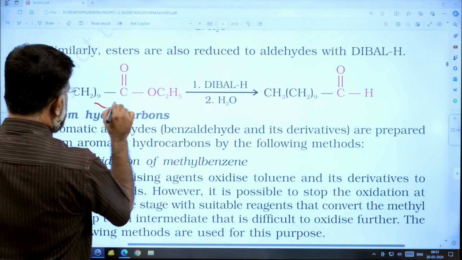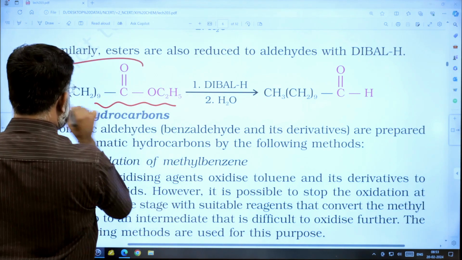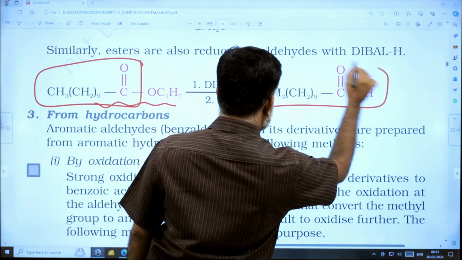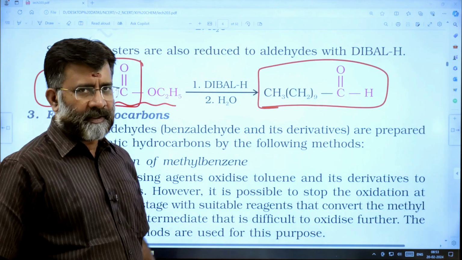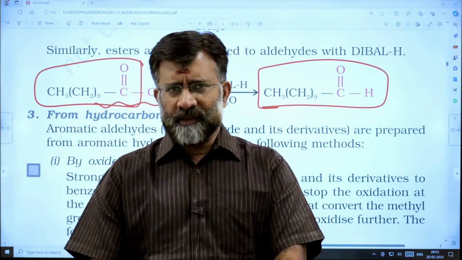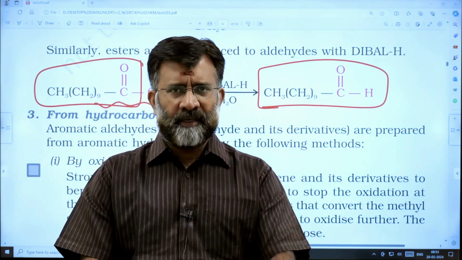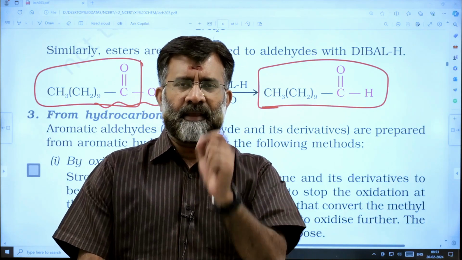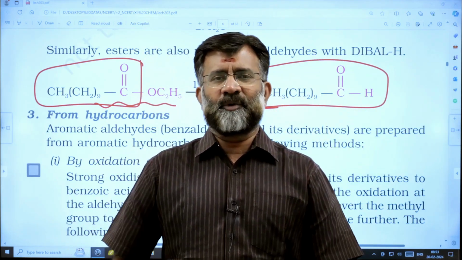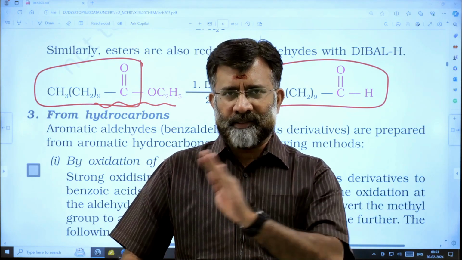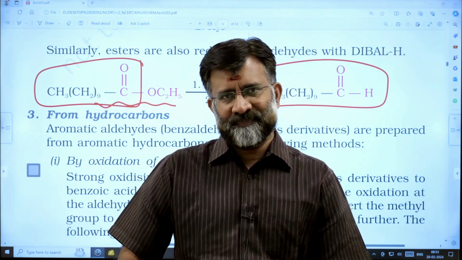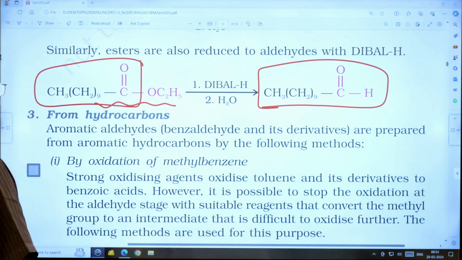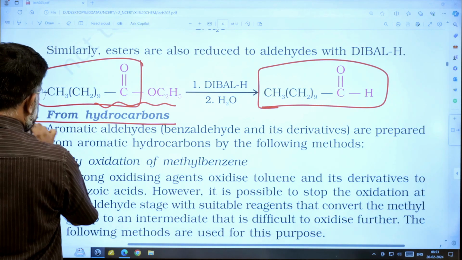Not only esters, but acids, acid chlorides, and esters can be reduced to aldehyde by using DIBAL-H. Only ester is given in the text. Right?